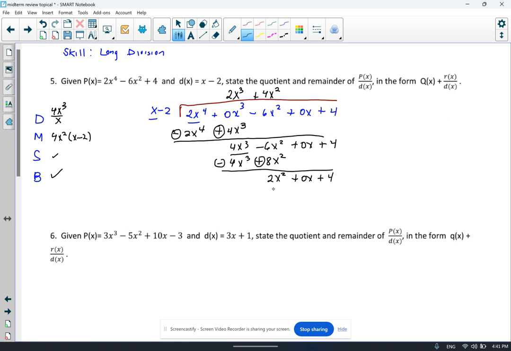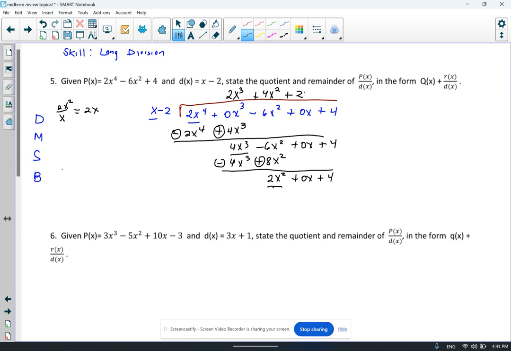Can I repeat? Can I go further? Yeah. 2x squared divided by x is x. So we're back to the top again of the process. And you get positive 2x.